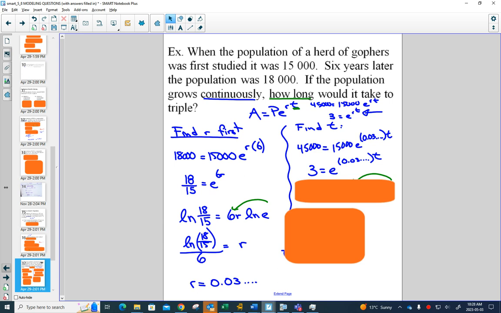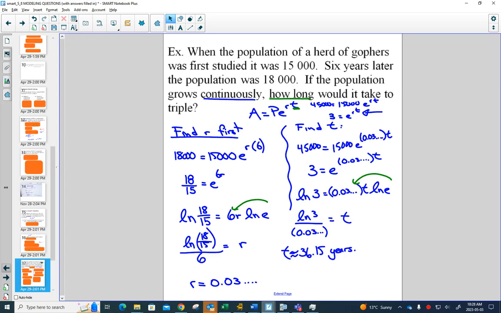I should just stop. No, it doesn't matter whether you use the 15,000 or the 18,000. Again, when I plugged in the r, I added the dot, dot, dot to say that I kept using all of my decimal places. And when I get t by itself and actually calculate it, it comes out to 36.15 years.